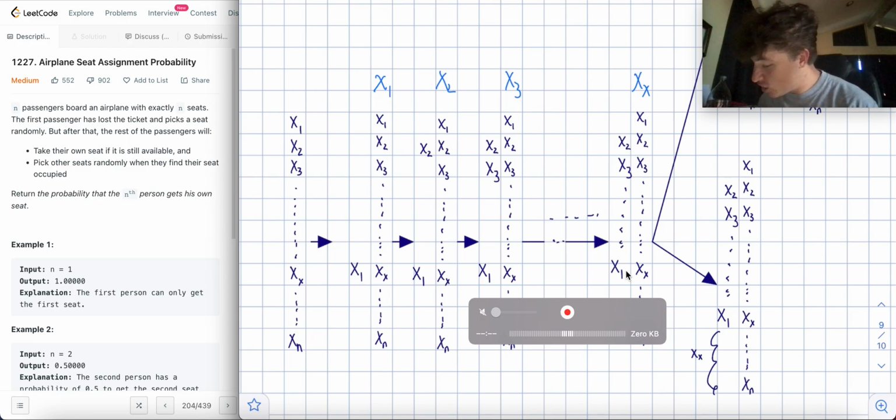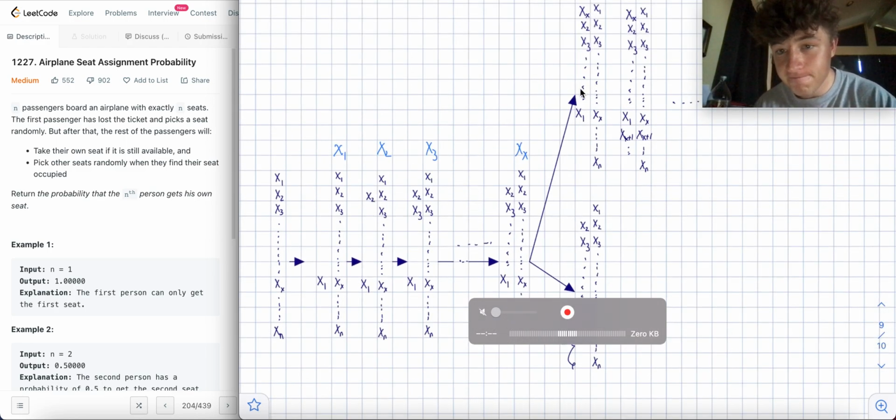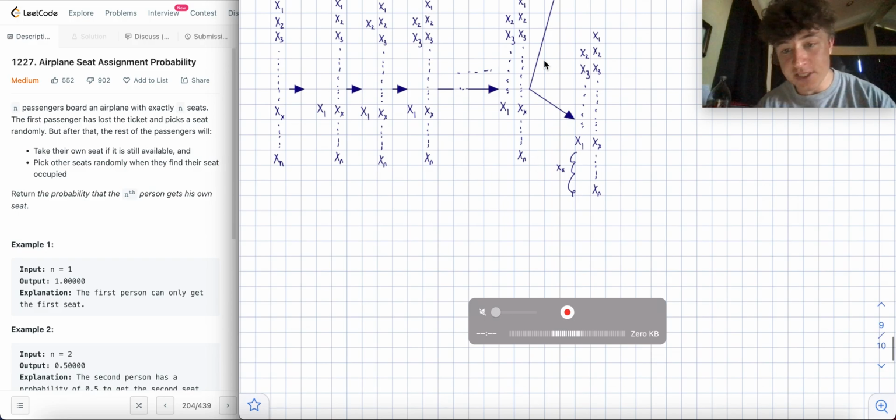If XX chooses its own seat, then the problem is resolved. If XX chooses X1, then everyone else will be able to find their chair and the problem is solved. But if X1 chooses some other seat down this line, right, because all these other seats have been chosen, then those seats are going to have to deal with another conflict, right?